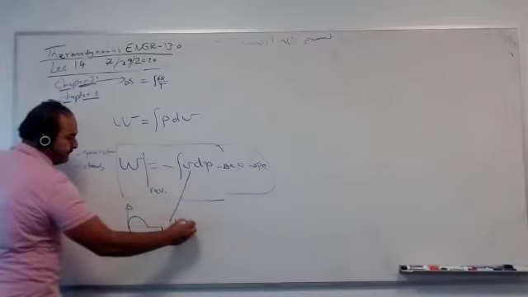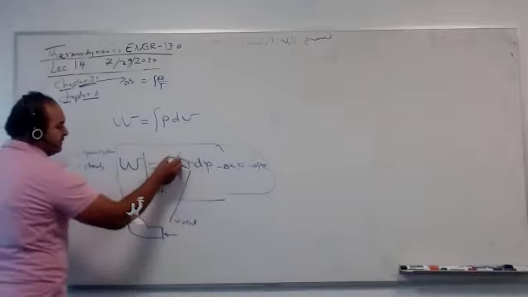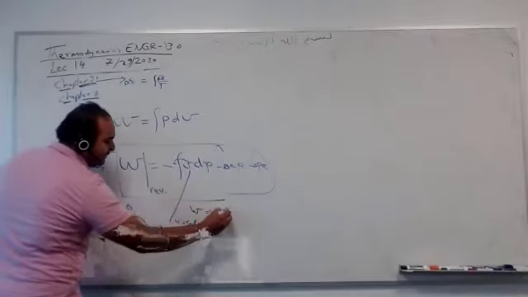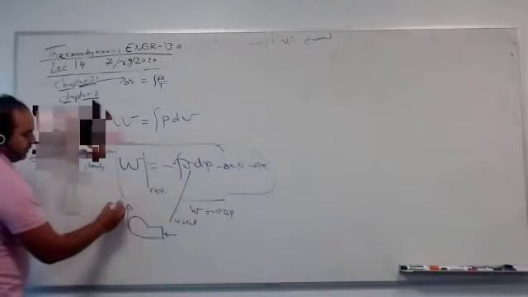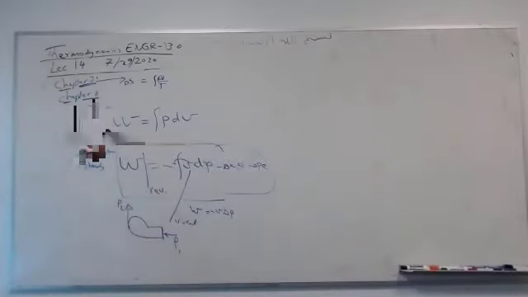So reversibly, ideally, without any losses, the work is minus V delta P, because you can take this V outside. So the work here is minus V delta P, P2 minus P1. This is how much work I need to pump the flow through this pump, to compress the flow, usually for liquids.